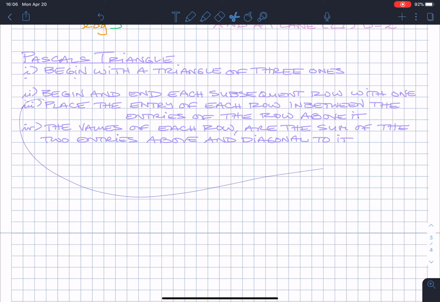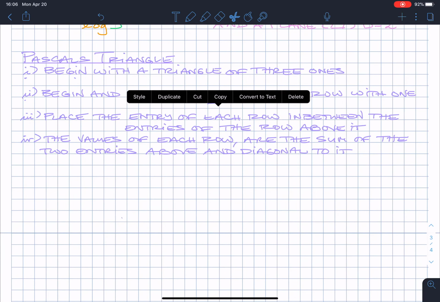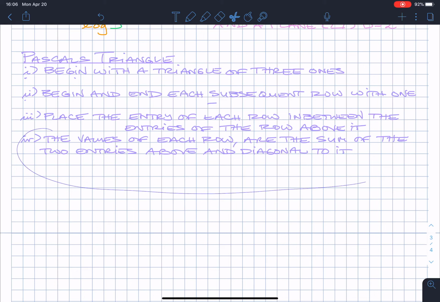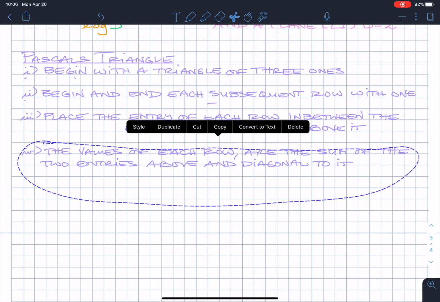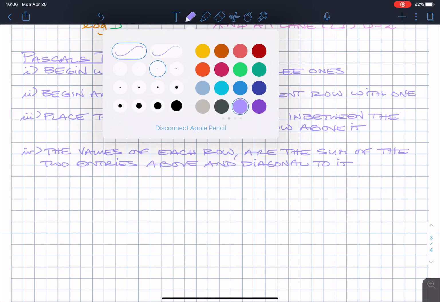I hope that's not going to be a problem. Let me at least give this a bit more room. Okay, so let's see. And I need to clean this up a bit.